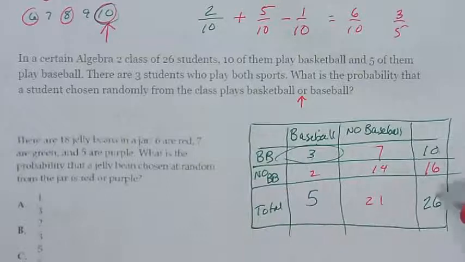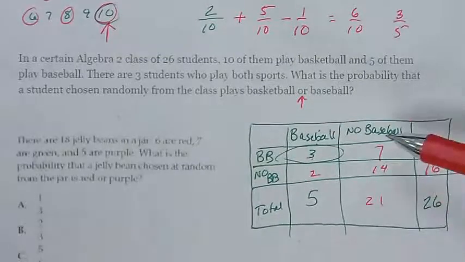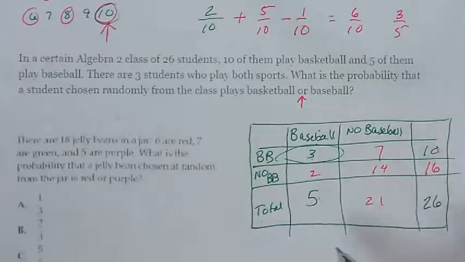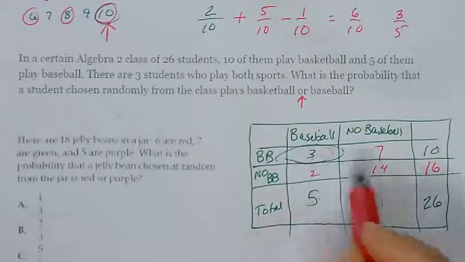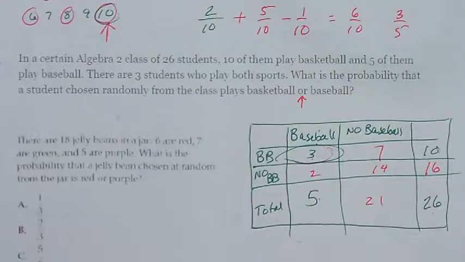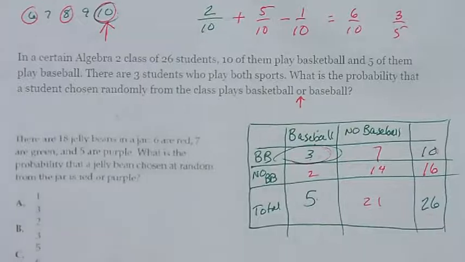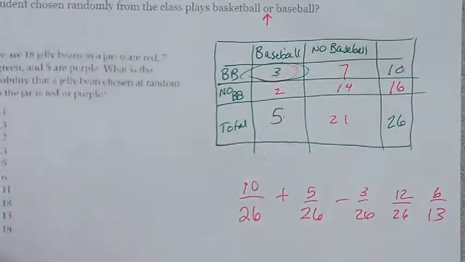Basketball, here we go. 10 out of 26 play basketball. Plus baseball, 5 out of 26. But I have to subtract the ones that play both, which is 3 out of 26, because I've counted them in both spaces. So this would be 15 minus 3, which is 12 out of 26, which reduces to 6/13.